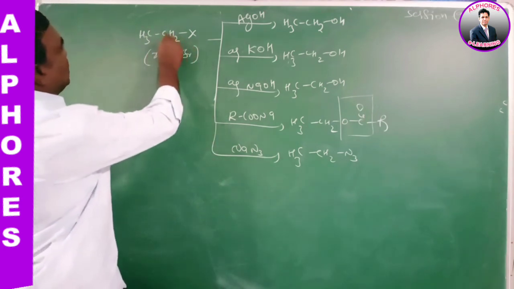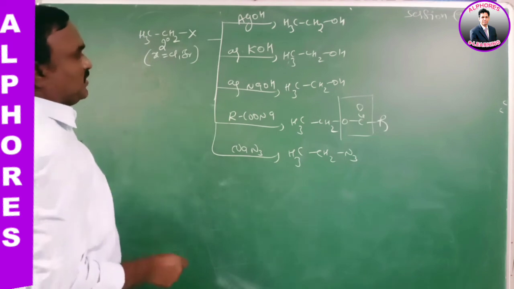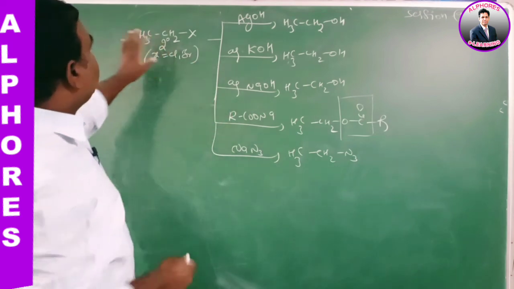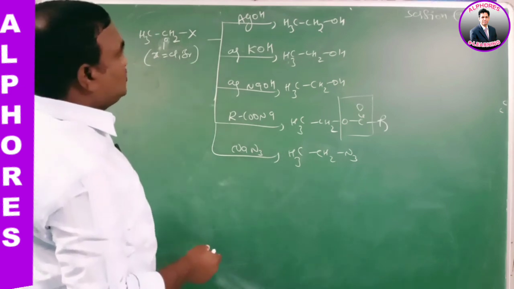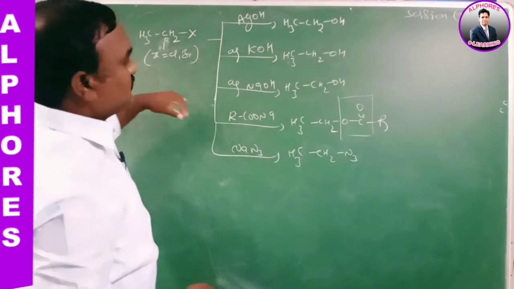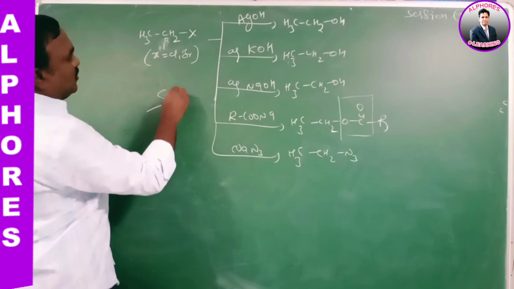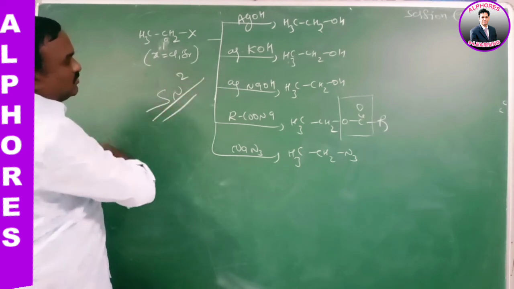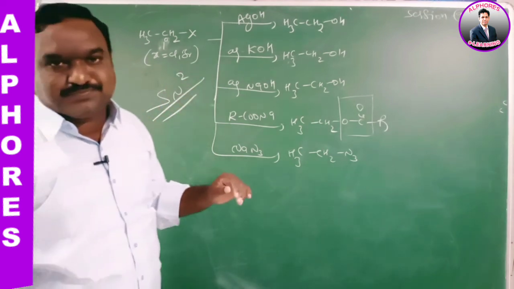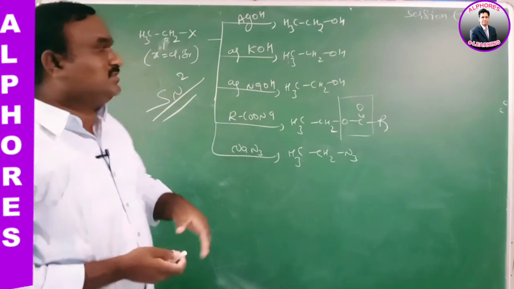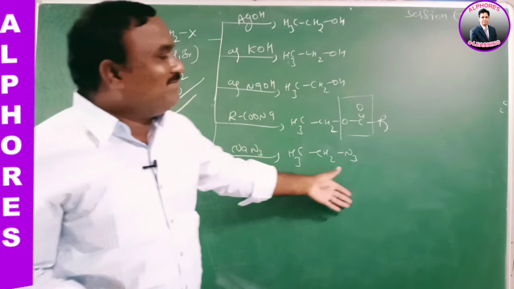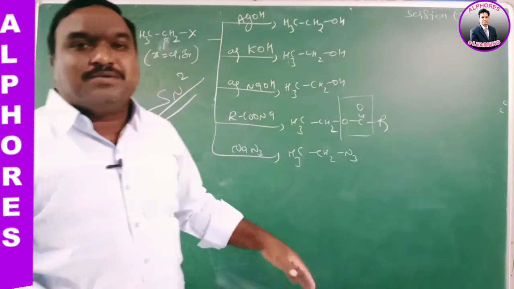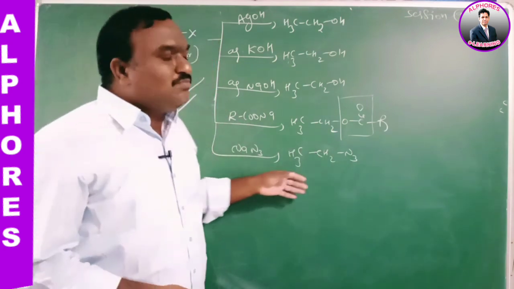When a primary alkyl halide is given, there is nothing special about the mechanism. Why? Because simple compounds undergo SN2 reactions. If the compound has a chiral center, we get the Walden inversion product. If there is no chiral center, we simply write the inversion product.